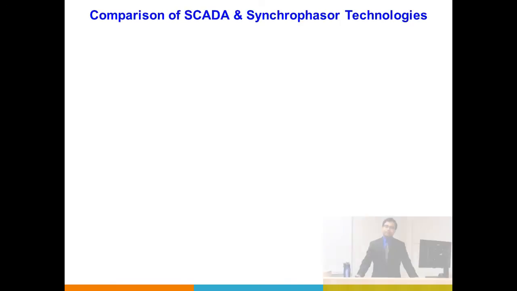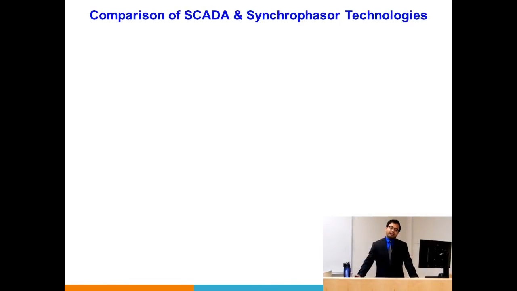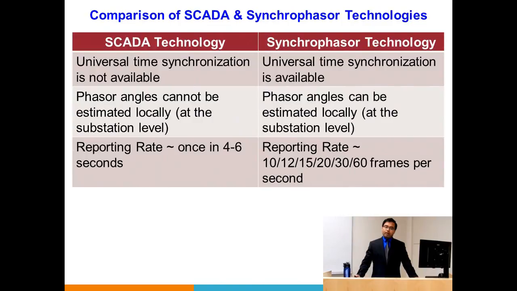So now let's end this lecture by showing you a comparison of SCADA and Synchrophasor technologies. If you see this table, it shows that in SCADA technology, universal time synchronization is not available. However, in Synchrophasor technology, universal time synchronization is available. Again, in SCADA technology, the phase angles cannot be estimated locally, I mean, at the substation levels.